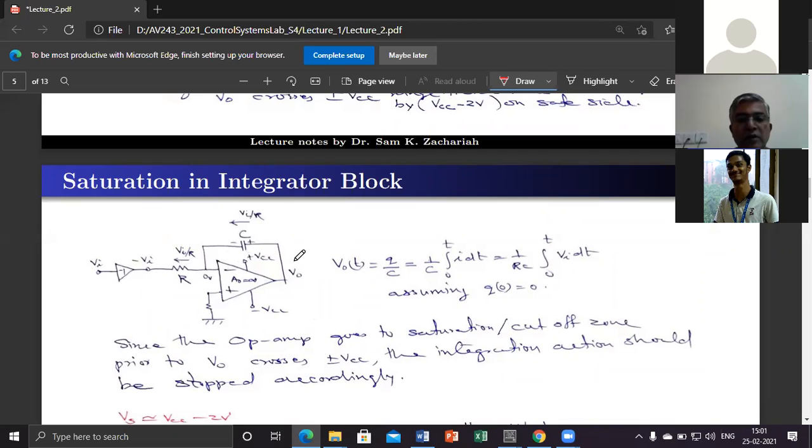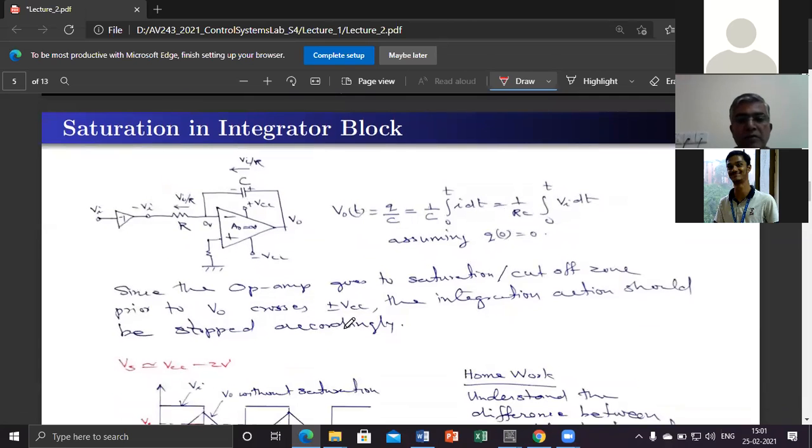Hence, the output voltage V naught is purely due to the voltage drop across the capacitor, which is Q by C. It is equal to 1 by C integral I dt from 0 to t, or you can get 1 by RC integral 0 to t Vi dt. Here we assume that Q0, the initial value of the charge in the capacitor, is 0.